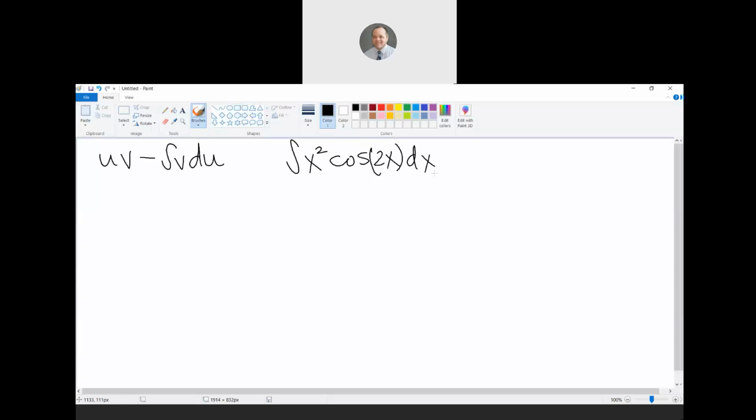I'm just going to let u equal x squared, because we can easily differentiate that. So du is equal to 2x dx. And I'm going to let dv equal our cosine 2x dx.